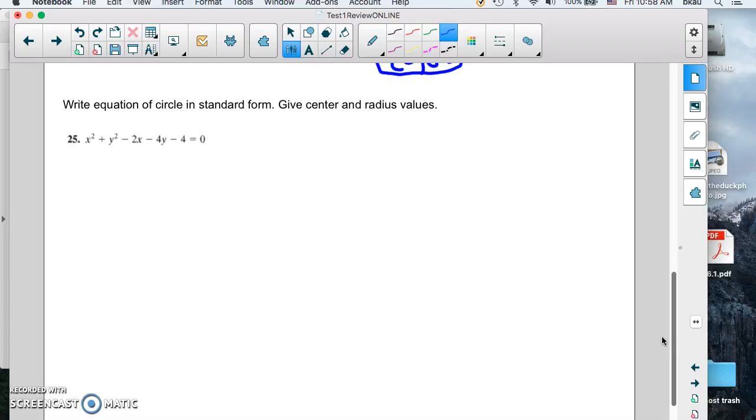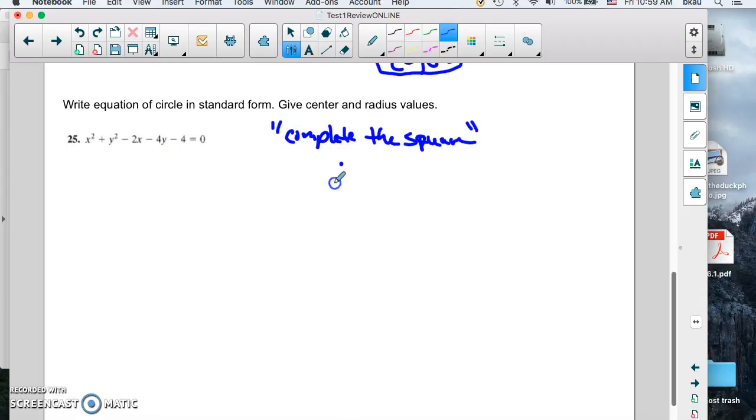All right, and then the next part of the review asks you to write an equation of a circle in standard form given this general form, and then write the center and the radius values. This was similar to a focus problem as well. We need to, what we call, complete the square on both the x and the y values so that we can get it into a squared form.